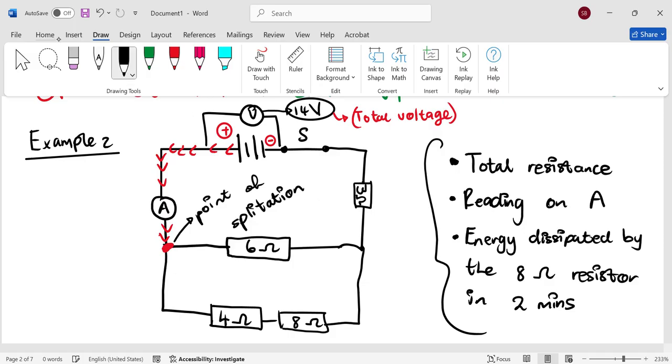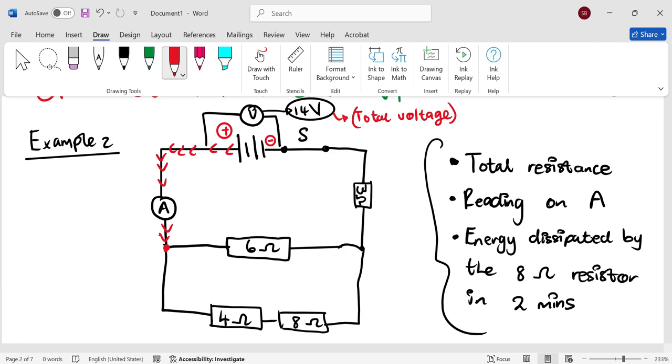Now, why is that? Because if you think about it, this very point is the point where current starts to split. So this point here in particular is the point where current starts to split. That is why I call it the point of splitation, because it's the point where current starts to split.